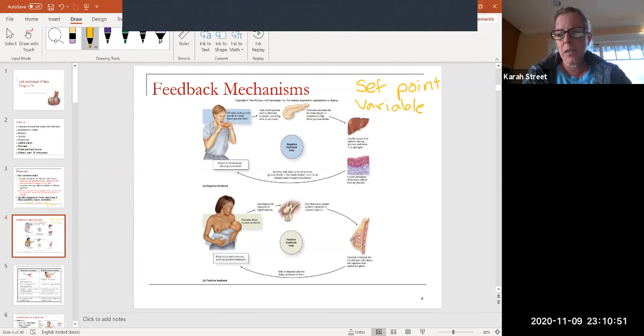A variable is anything in your body or produced from your body that I can measure. We're in medicine, we're always worried about variables. Heart rate is a variable.